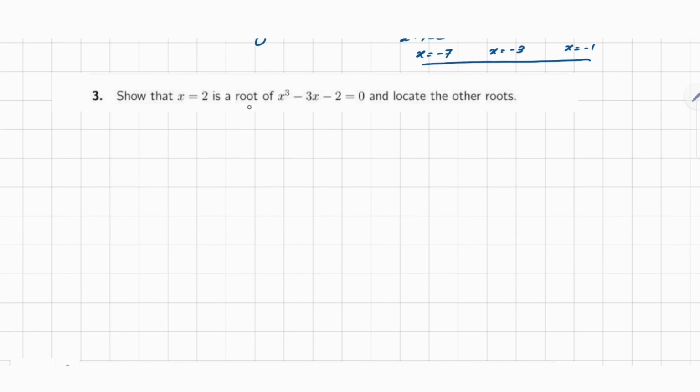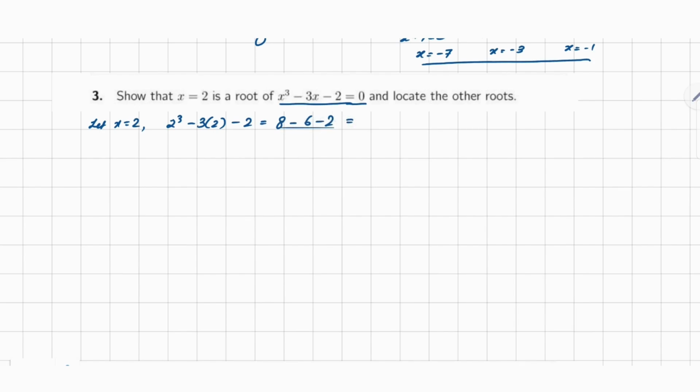We have to show that x equals 2 is a root of this polynomial, and we have to locate the other roots. To show that x equal to 2 is a root, we just substitute it into the left hand side of the equation. We have 2 cubed minus 3 times 2 minus 2 equals 0, which equals 8 minus 6 minus 2.